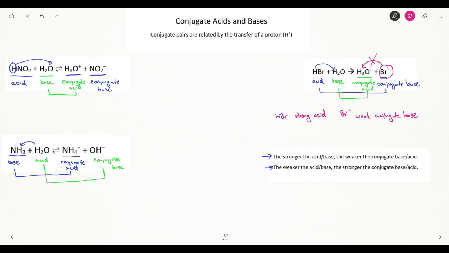Let's do the same thing with water in this reaction. Water is acting as a base, but of course water is a very weak base. That means that its conjugate is going to be strong. Of course, its conjugate is the hydronium ion.